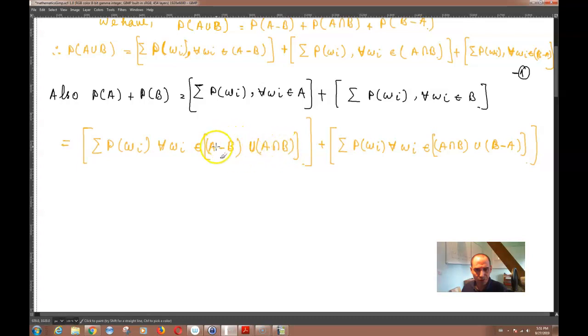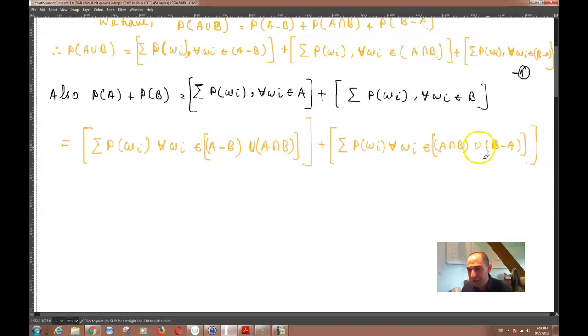belongs to this set here. So that means that I can write this as sigma P of omega of I for all omega of I belonging to A minus B, plus that, plus that, plus that. Okay. So then, of course, you know that, for example, A minus B and A intersection B are two disjoint sets, meaning that they have nothing in common.